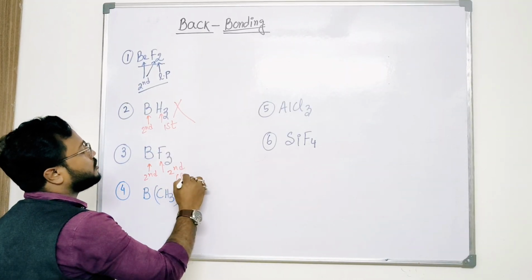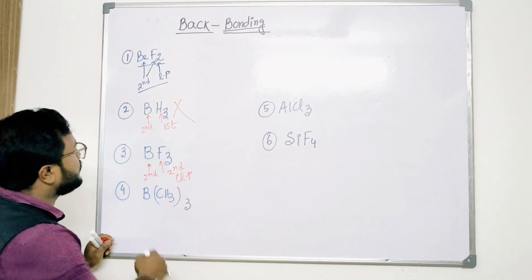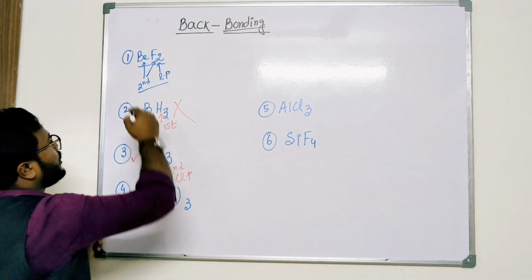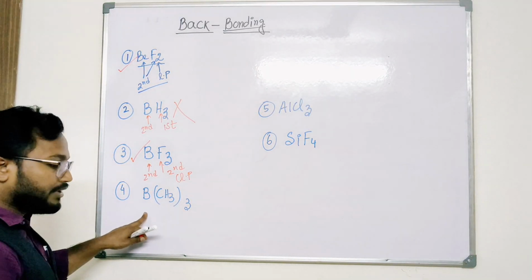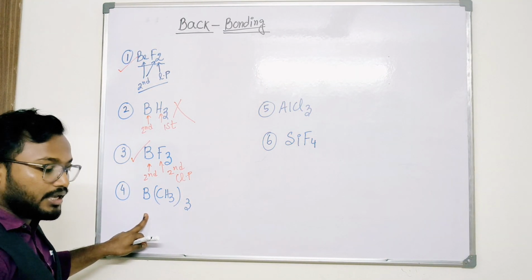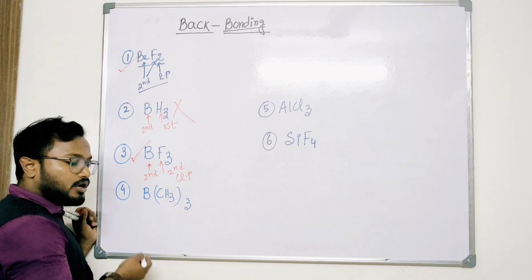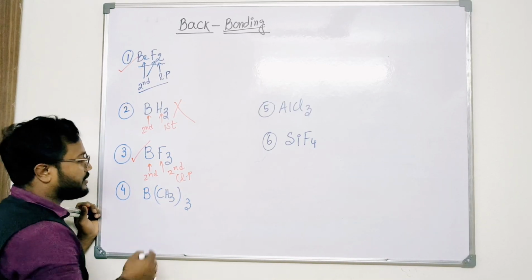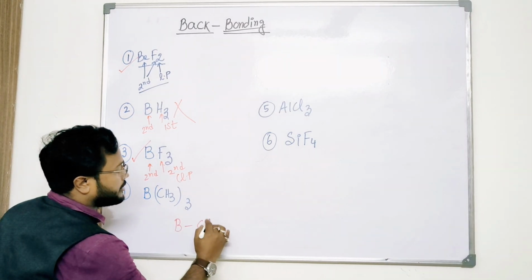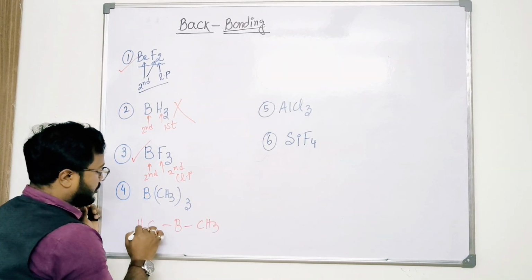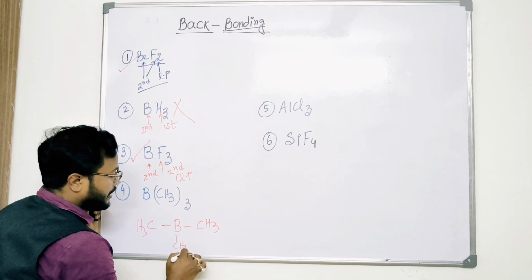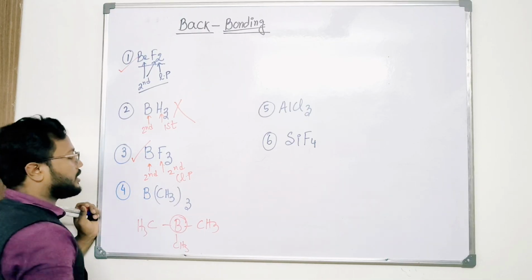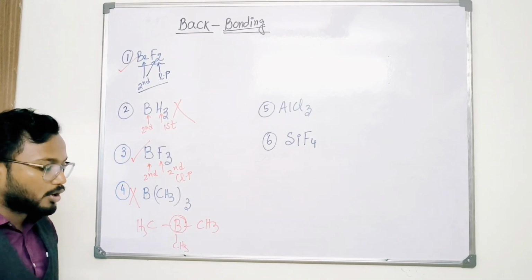It also has a lone pair present, so this will show back bonding. Next, B(CH3)3. You can check, there is no lone pair in this molecule. You can connect like this, B(CH3)3. There is no lone pair present here, so there is no chance of back bonding.